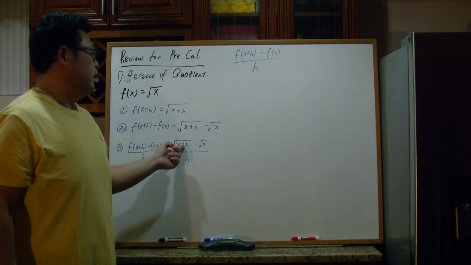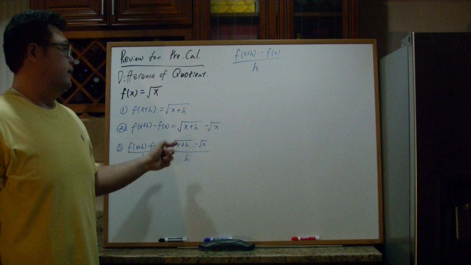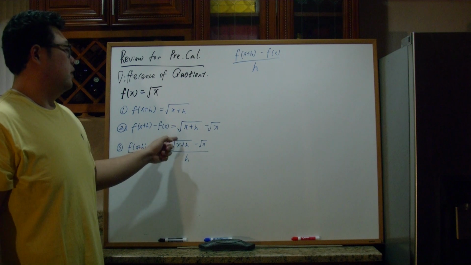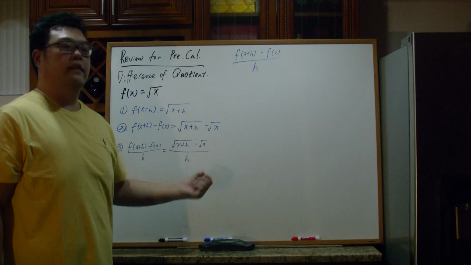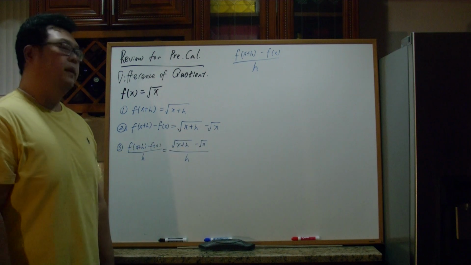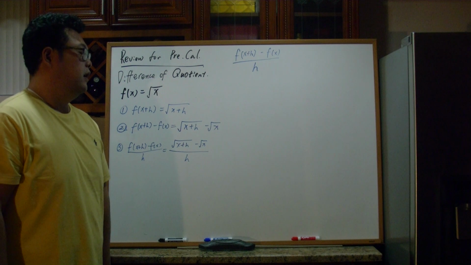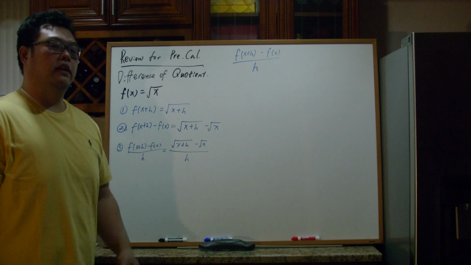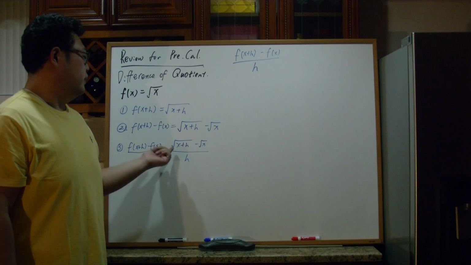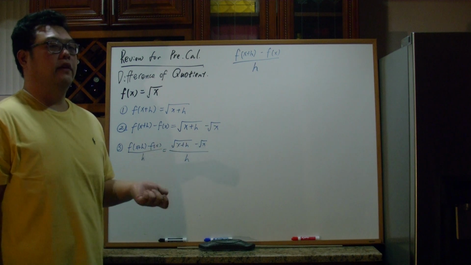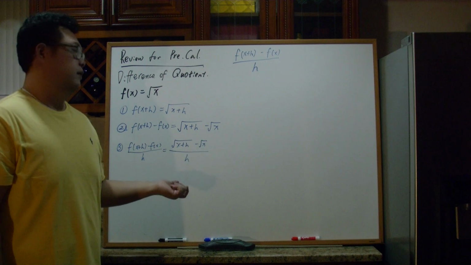For instance, if our h is 0, then this expression simply cannot find any value because we have the square root of x minus the square root of x over 0. We get 0 over 0, which is called an indeterminate form, and for any defined function, the indeterminate form is the thing we try to avoid, especially since h is not a variable, h is an arbitrary constant. It should hold for any h, right?